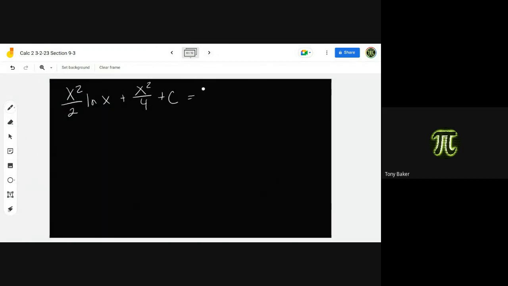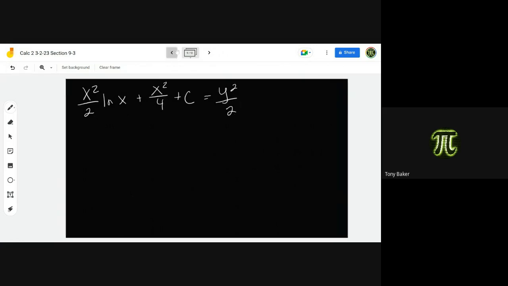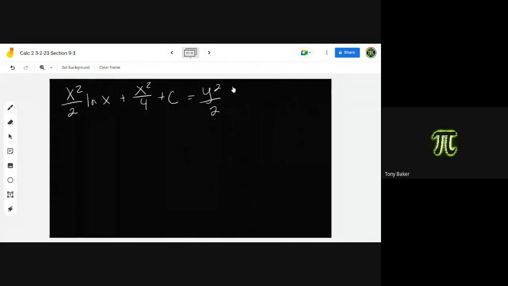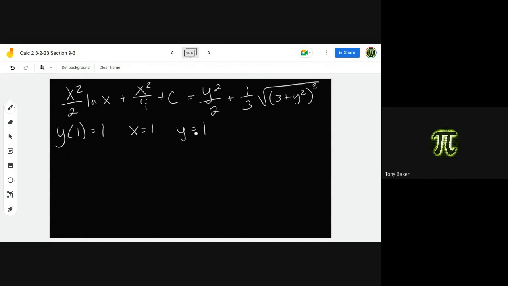Equals y squared over 2 plus 1/3 cubed root of 3 plus y squared cubed. And the original point that I was plugging in was y of 1 equals 1. So x is 1 and y is 1. That makes my life a little easier.